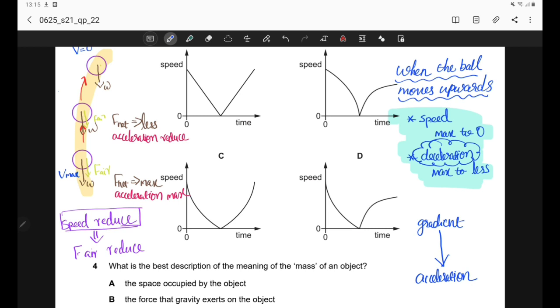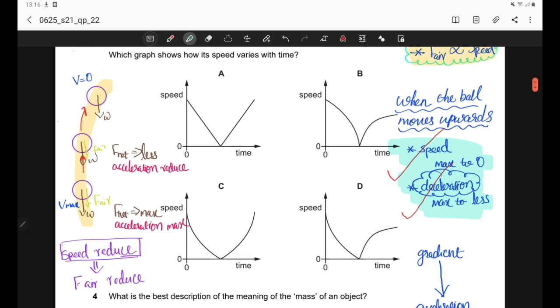So just look at the gradient, which defines the acceleration. I repeat, we have to check two important points. Speed should reduce from maximum value to zero, and its acceleration, that means the gradient, should also reduce from a maximum to a lesser value. The gradient should not be constant. It should reduce from a maximum to a minimum value.